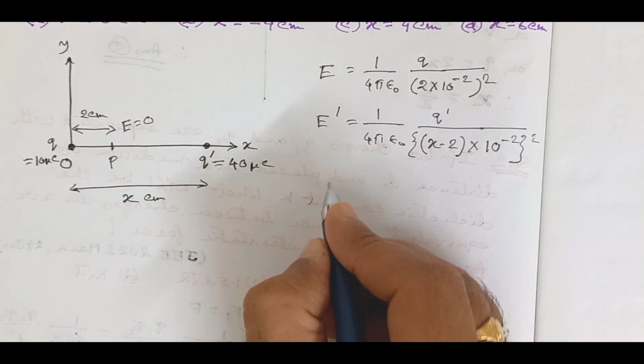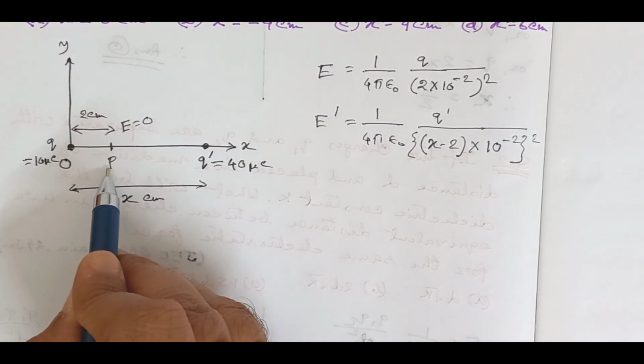Now, according to the given question, the electric field at point P is 0.